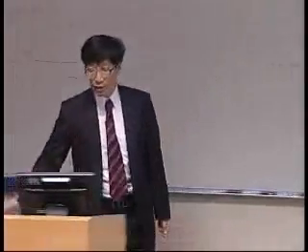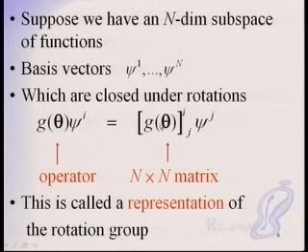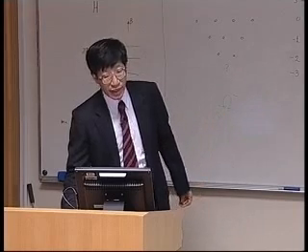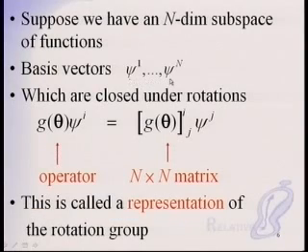So the linear combination, I just write the coefficient as this bracket g, i, j, psi j. Of course, I mean sum over j, summation convention over j. Because it is closed, because this is a complete set of basis vectors for that subspace, this result can be written as a sum with these coefficients. These coefficients carry 2 indices, i, j, and therefore, together, they form an n by n matrix.